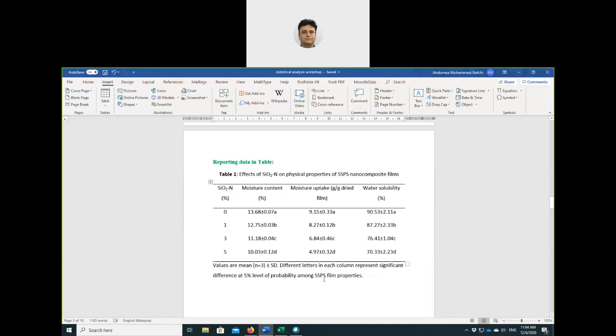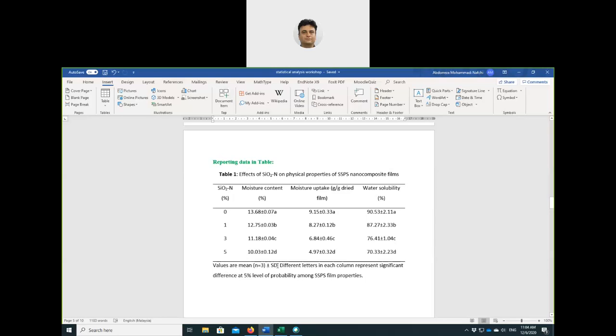You need to mention that the values are mean, and the number of replicates or samples, n equal to 3, plus minus a standard deviation.